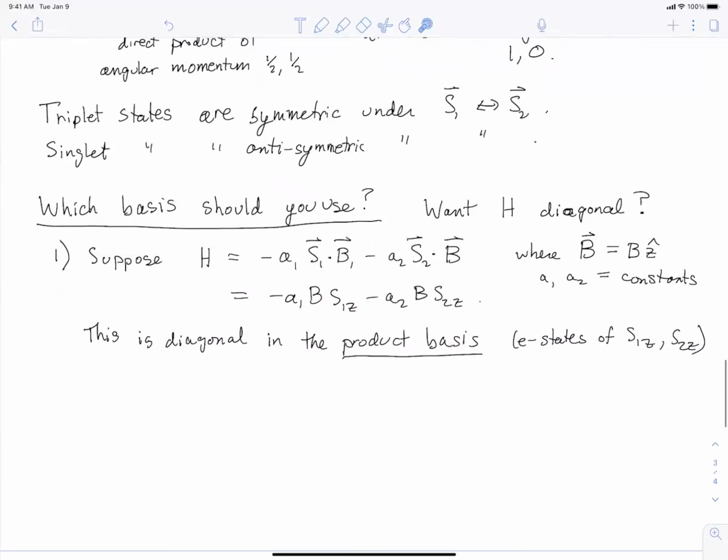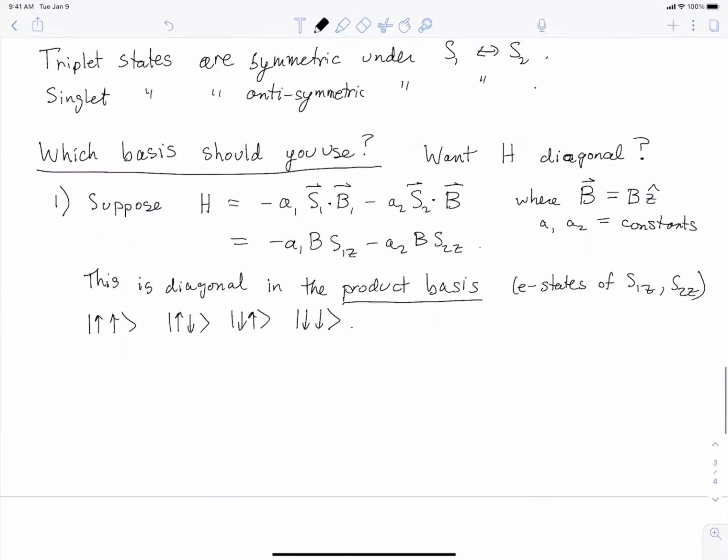Okay, and so for example, if they're spins like this, then the basis will be the one we wrote down at the beginning. So up arrow, down arrow, up arrow, etc. Okay, on the other hand, that's one thing that happens a lot.